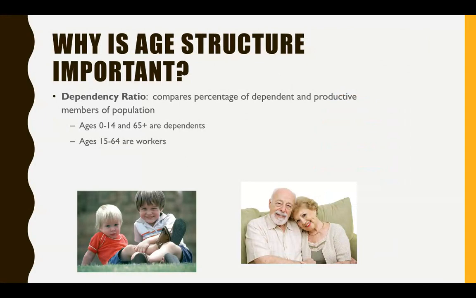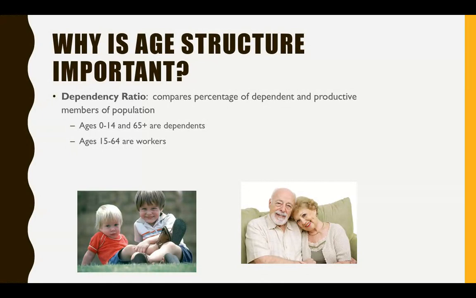We also got into, with population pyramids, the idea of age structure and why that's so important. There are many countries that have started to age and get old very quickly, and that makes things very difficult. And that's because of this dependency ratio. If you have people between the ages of 0 and 14 and people at the age of 65 plus, those people are considered dependents. And that's because they typically don't work. They're not making money for themselves.